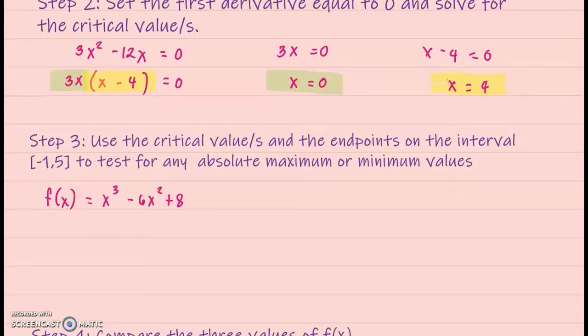So let's have first x equals 0. So you have f of 0 is equal to 0 cubed minus 6 times 0 squared plus 8. So f of 0 is equal to, of course, 8.